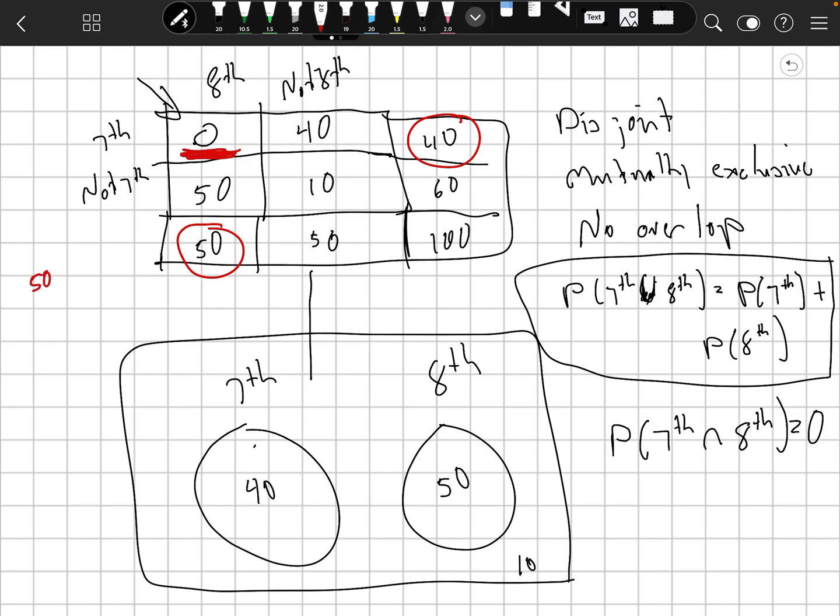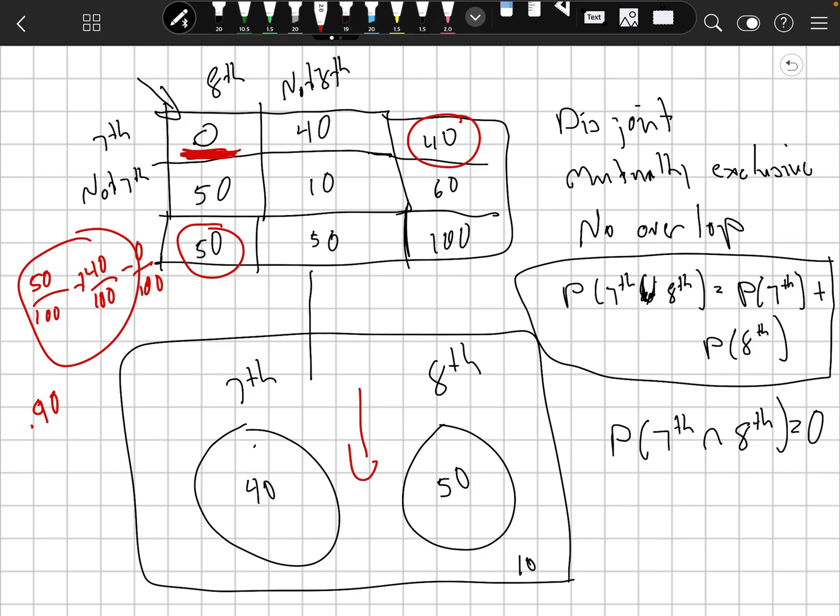So let's do that. 50 out of 100 plus 40 out of 100. And I could put minus 0 out of 100, but I really don't have to do that because there's no overlap there. So the chance of picking a 7th or 8th grader is going to be 90 out of 100 or 0.9.